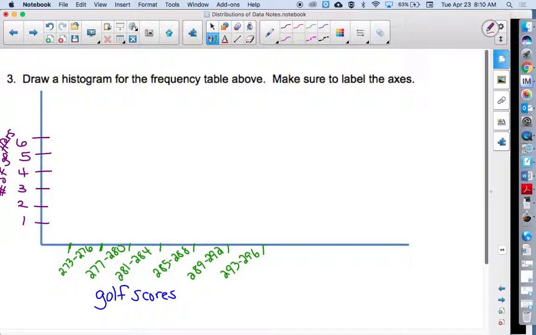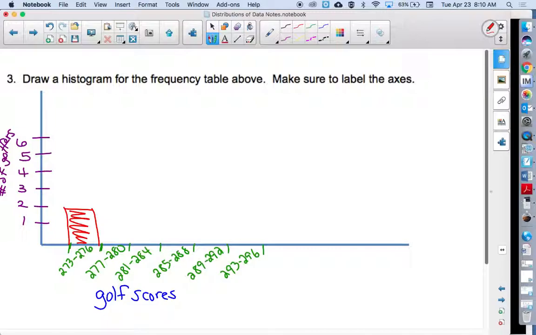And then literally you're drawing bars. So starting at 273 to 276, there were 2 golfers in that first category, or that first class. So you're going to make a bar that shows that there are 2 people in that class.